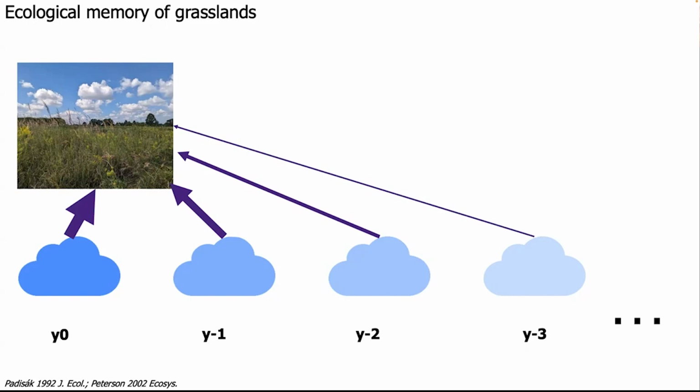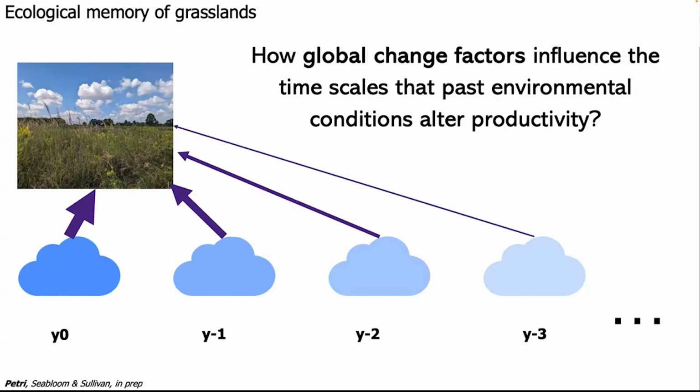That change can be through some species being more sensitive to those conditions and dying, or being in the seed bank, or dying in the seed bank. So there are multiple mechanisms through which that community is going to have that memory. It's really what that community is going to look like, what the impacts are, and how long that impact lasts in our community. And that's what I'm trying to investigate using grasslands.